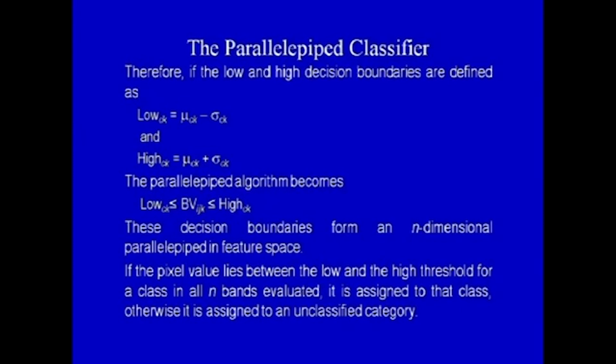So, the parallelepiped algorithm can now be simplified: if BV_ijk is greater than low_ck but less than high_ck, these decision boundaries form an n-dimensional parallelepiped in the feature space. If the pixel values lie between the low and the high thresholds of a class in all the n bands evaluated, it is assigned to that class. Otherwise, it is assigned to an unknown category.